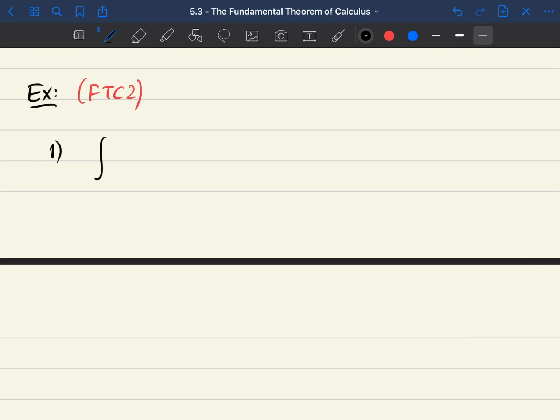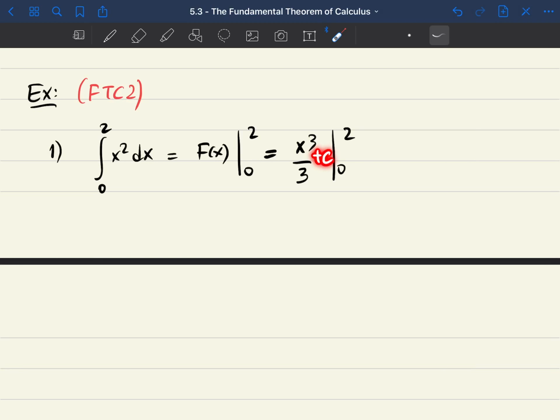So if you want to take the integral from 0 to 2 of x squared dx, this is equal to an antiderivative of x squared from 0 to 2, and an antiderivative of x squared is x cubed over 3 from 0 to 2. Of course, now you may ask, why don't you add a c here?